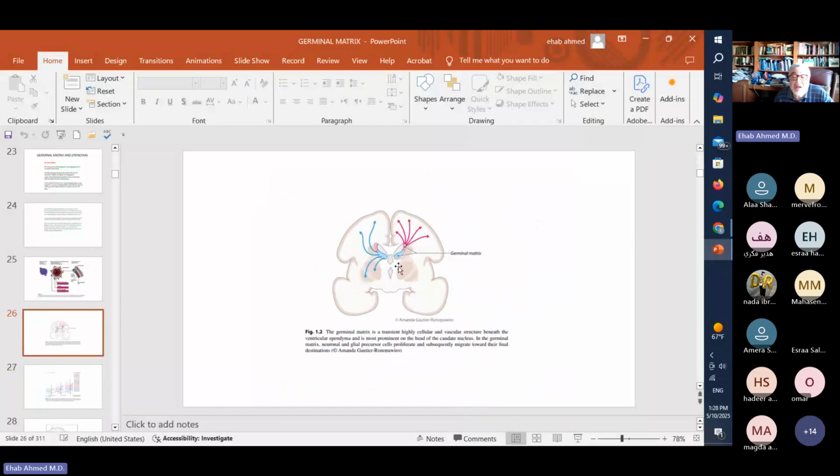And this illustrates the migration of the neurons and glial cell precursors from the germinal matrix to the rest of the brain. So the germinal matrix is extremely important.